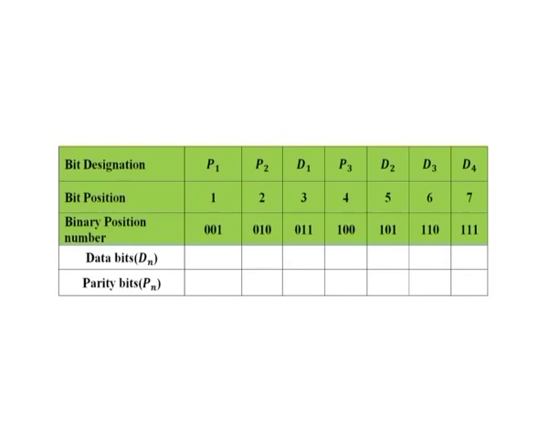Next, indicate the parity and data bit locations as shown in the first row of the table. Notice that the binary position number of parity bit P1 has a 1 for its rightmost digit. The parity bit checks all bit positions including itself that have 1s in the same location in the binary position numbers. Therefore, parity bit P1 checks bit positions 1, 3, 5 and 7.